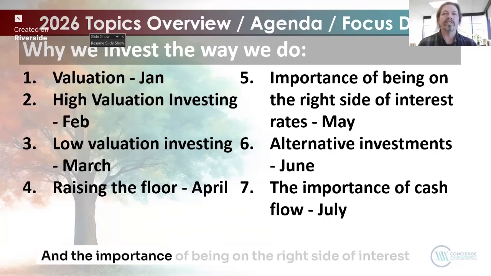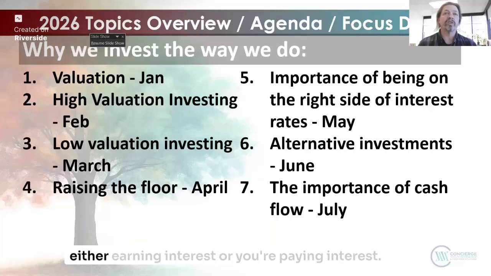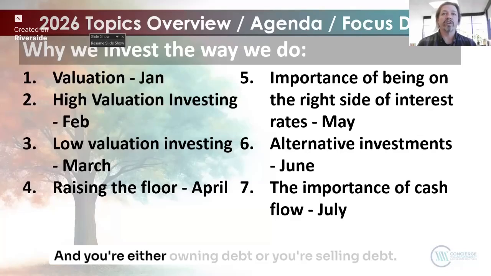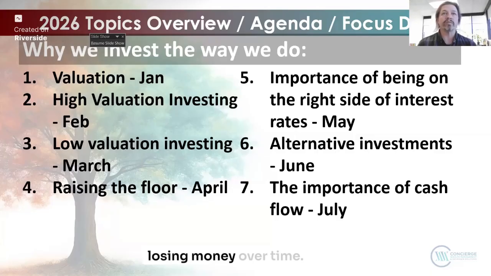And the importance of being on the right side of interest rates in a fiat currency is important because you're either earning interest or you're paying interest. And you're either owning debt or you're selling debt. And if you're on the wrong side of that, you're actually losing money over time.